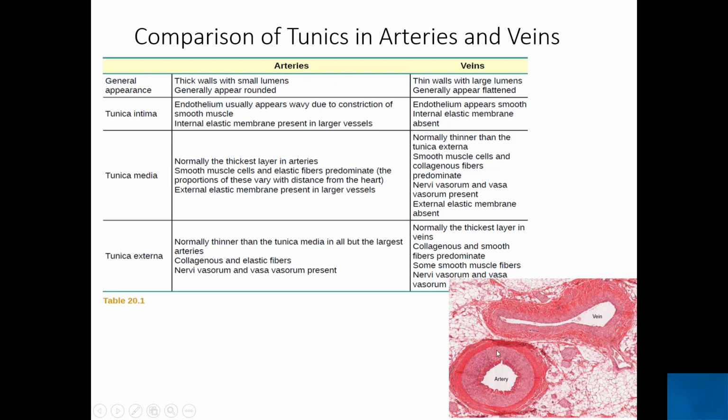Tunica intima in the artery is wavy because there are a lot of elastic fibers and it can expand a lot. Tunica media is much wider in arteries compared with veins, but tunica externa is usually thicker, pay attention right here, thicker compared with arteries. Those are major differences that you're supposed to know.